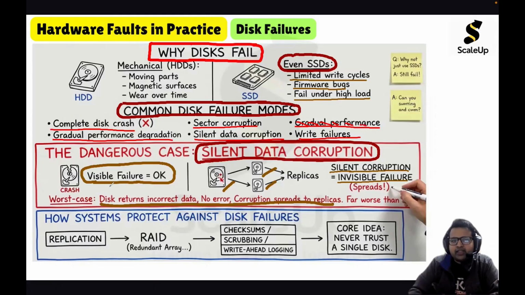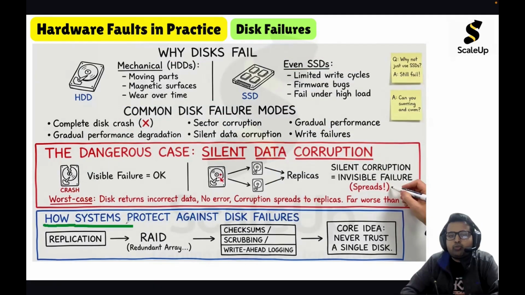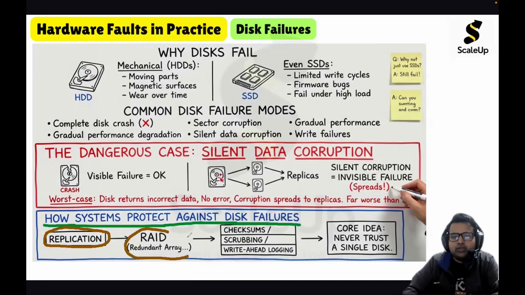Now what are the ways systems protect against disk failures? One very common and very important way is replication, which we already saw. In replication, we just maintain a backup. Then we also have something called RAID, which is a redundant array of independent disks.